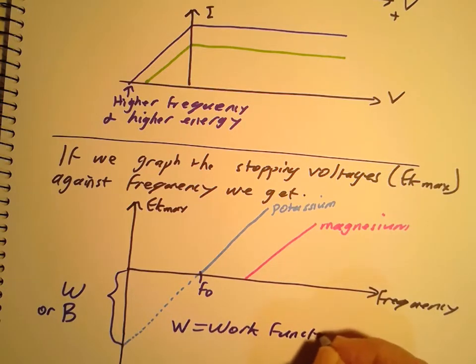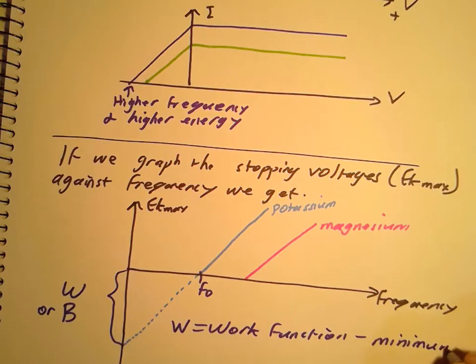W equals work function. That is the minimum energy to eject an electron.